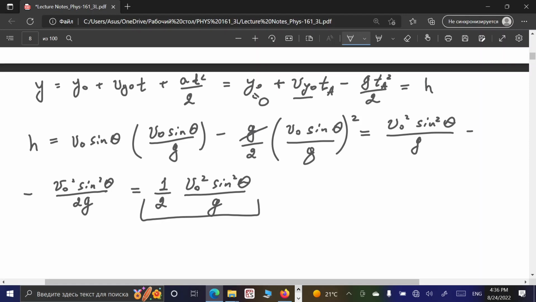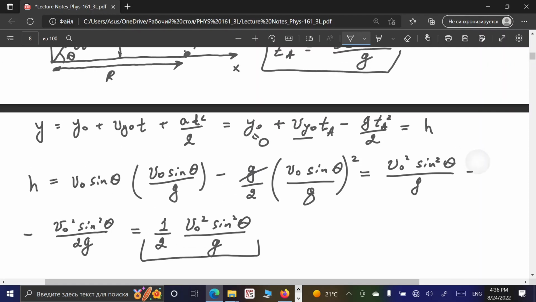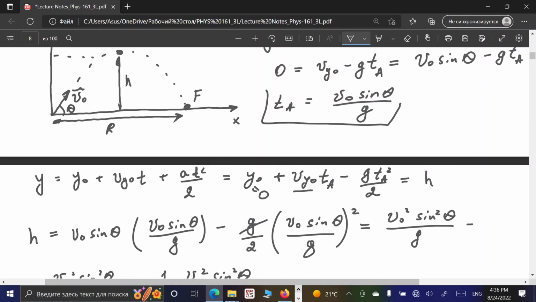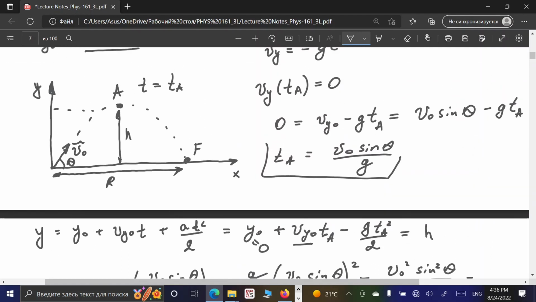So let us come back to our plot and think about this. If it takes time ta from the initial moment of time t0 for the projectile to reach point A at the top of the trajectory from the initial point, that will be the same time if we let this projectile move further to reach the final point.